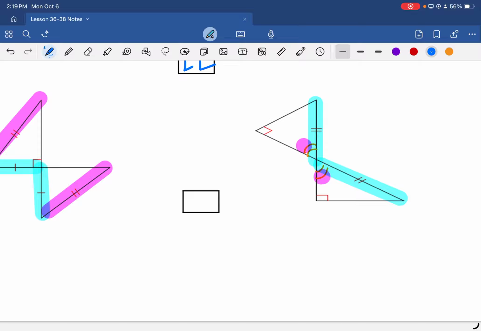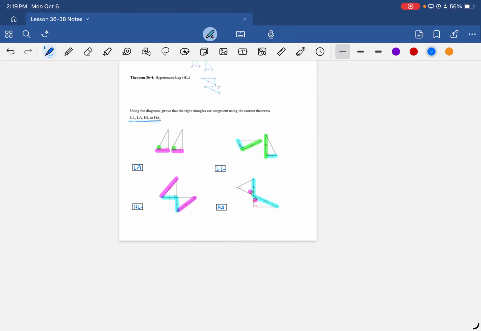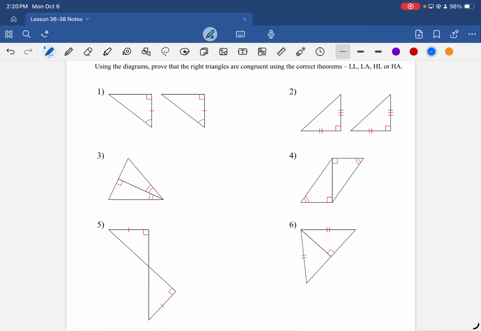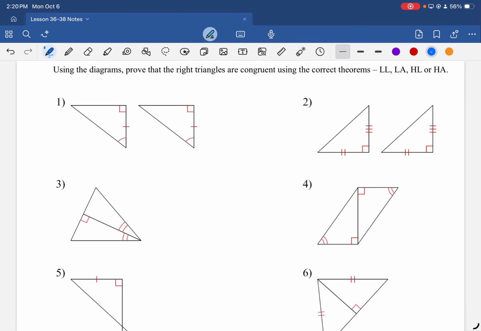Which 2 letters should I use for this one? HA, hypotenuse angle. Perfect. Okay, I would like you to flip to this page and label those 1 through 10 with either LL, LA, HL, or HA.